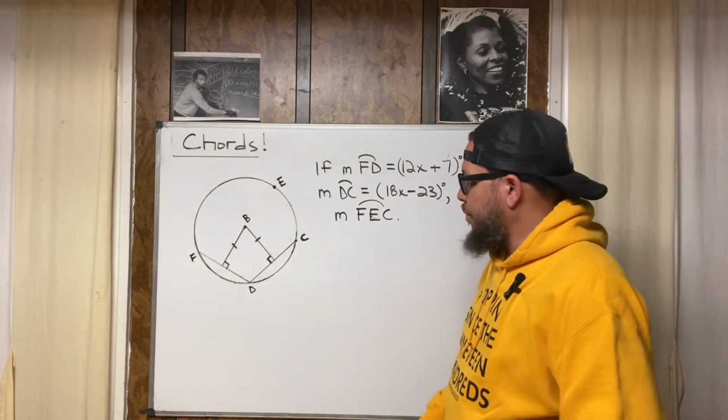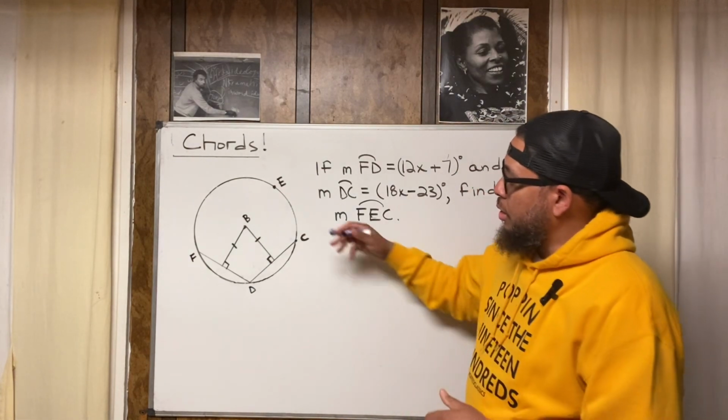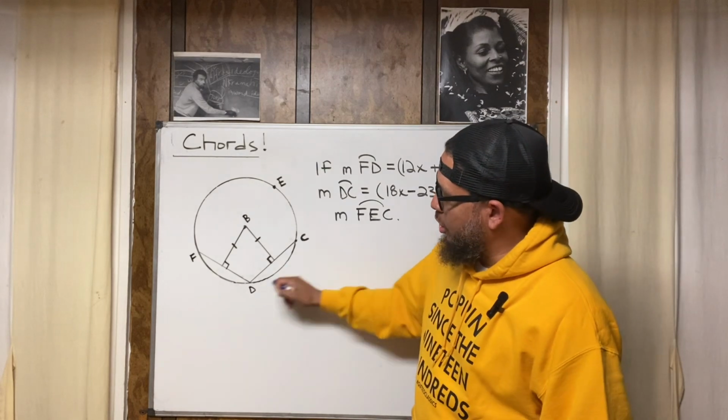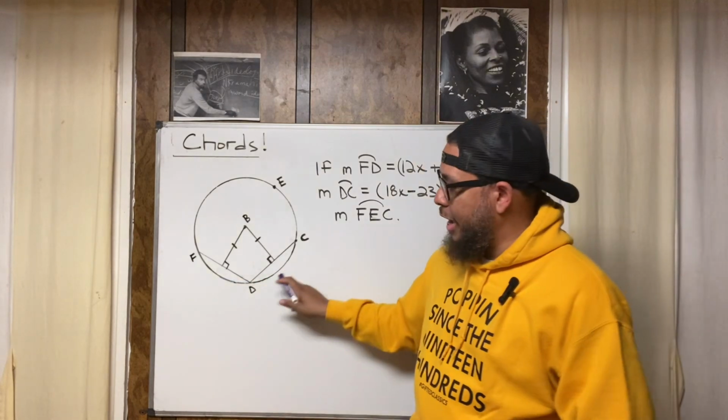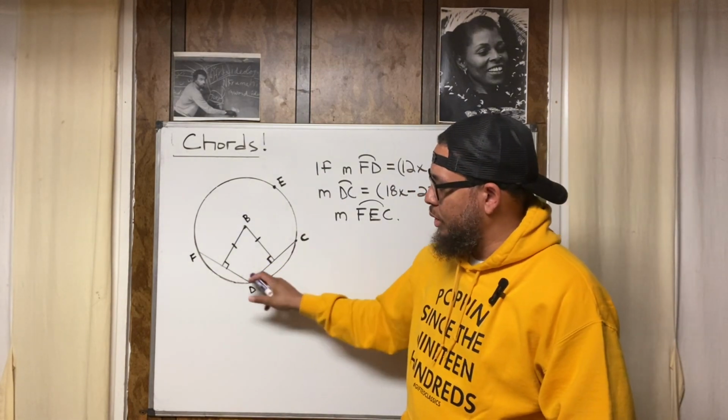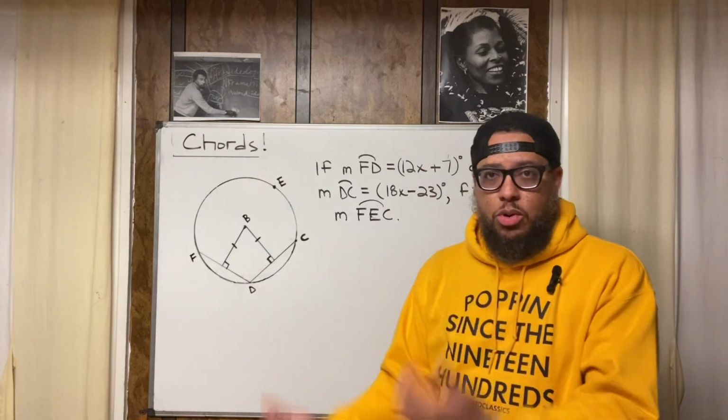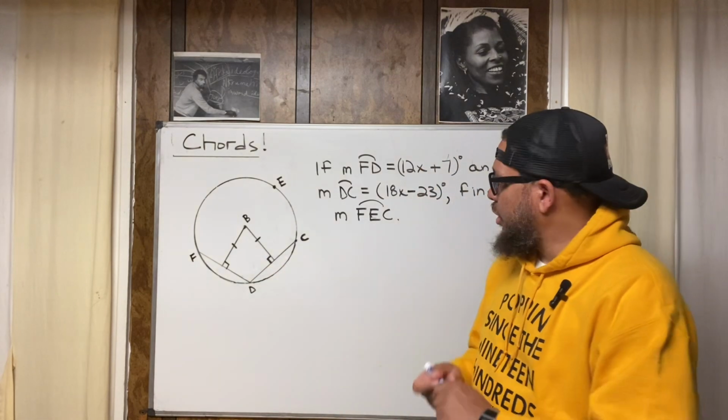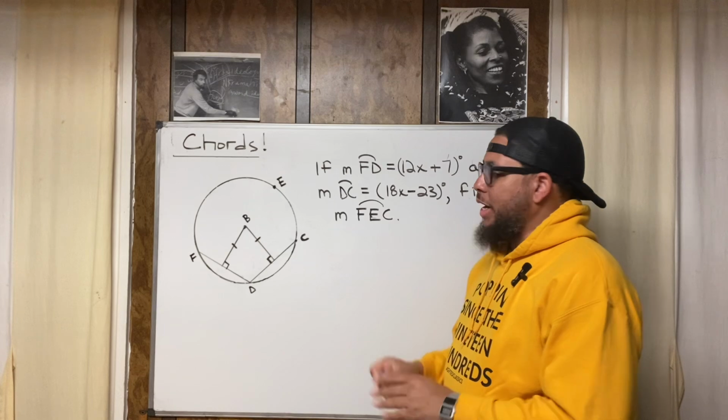Ask yourself. All right. Now, because we know that these arcs are congruent, because we already talked about that, the arcs got to be congruent because the chords are congruent. If the chords are congruent, the arcs got to be congruent. So now, let's write that.